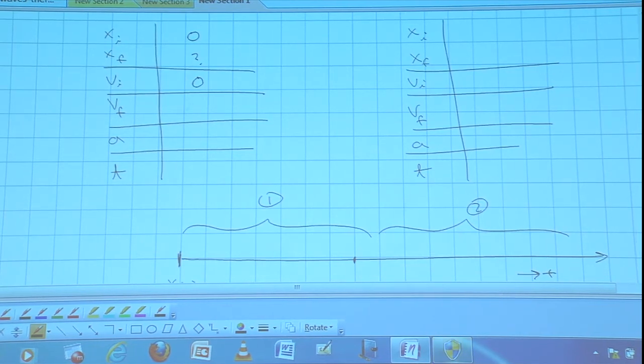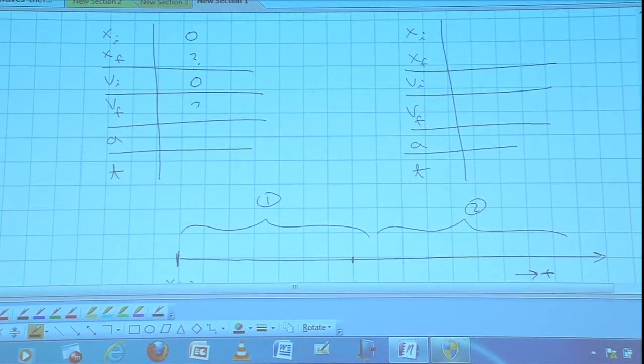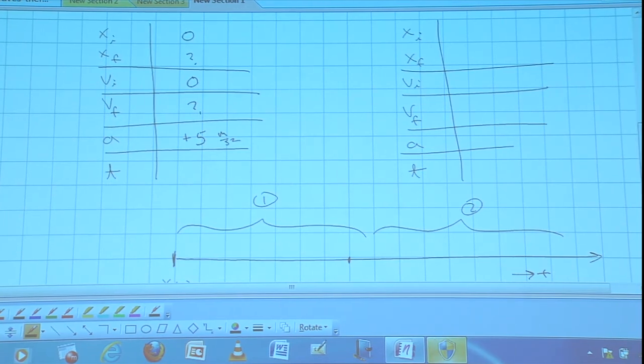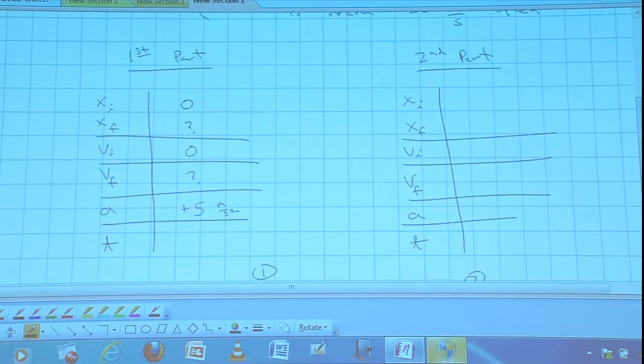We don't know our final speed. Acceleration we know, and time we know, 7 seconds. So we know enough that we can solve for how far the distance was and what the final speed was.